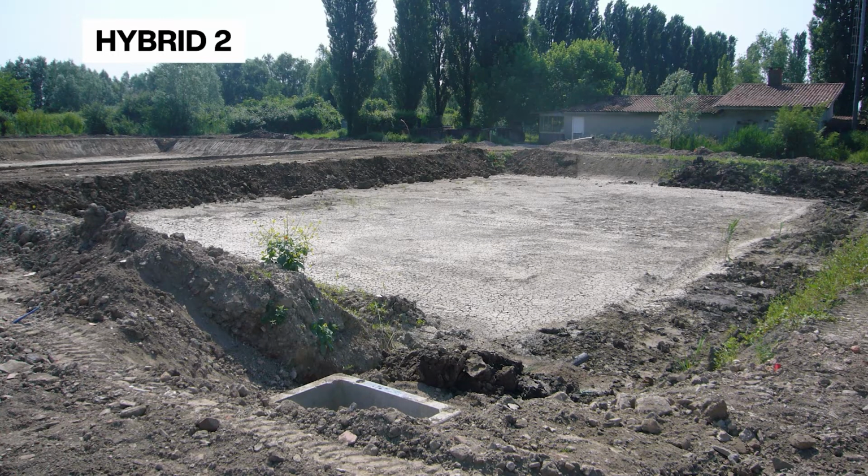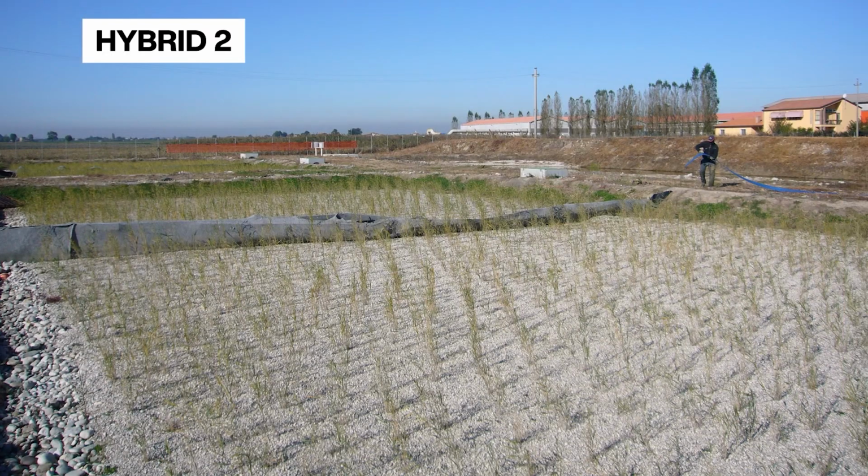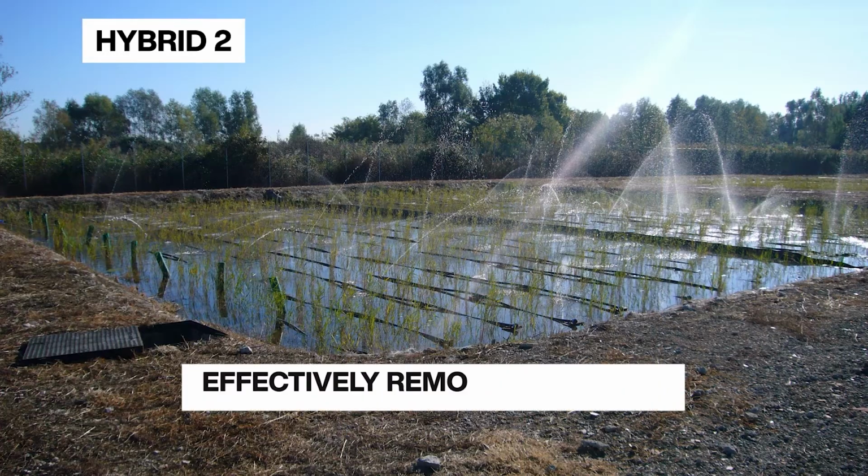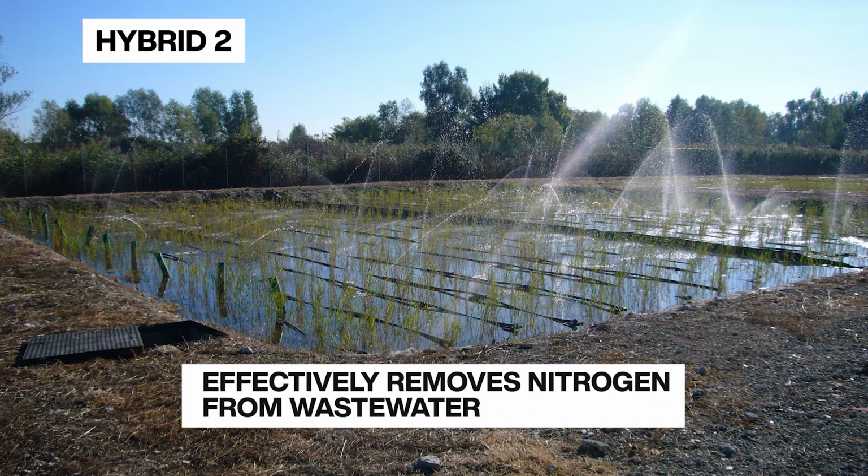Then, the first constructed wetland is filled once again, while clean water is released from the second wetland. This procedure repeats many times. Betsy, what is the logic here? This technology alternately creates aerobic and anaerobic conditions in each constructed wetland, which results in effective nitrogen removal.